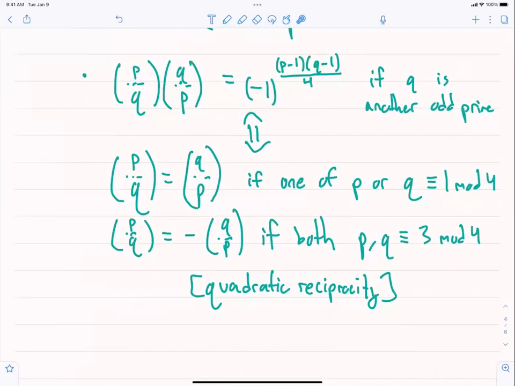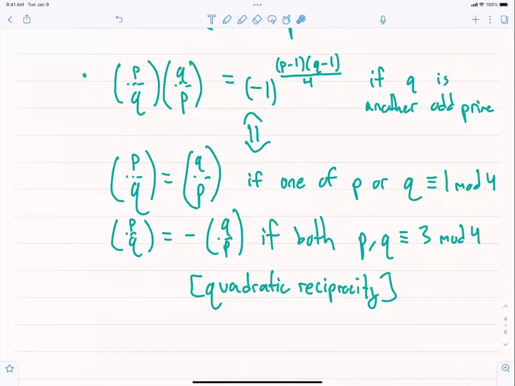Then otherwise, if both P and Q are congruent to 3 mod 4, we get that the Legendre symbol of P over Q is the negative of the Legendre symbol of Q over P. Again, this corresponds to the case where, when P and Q were congruent to 3 mod 4, what we observed in the data was that the answers seemed to be opposite.